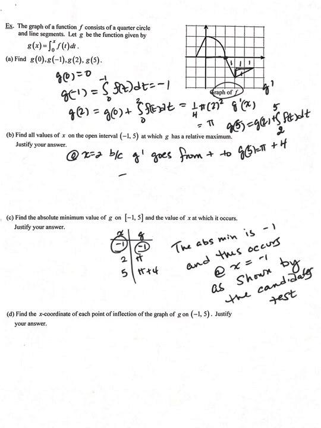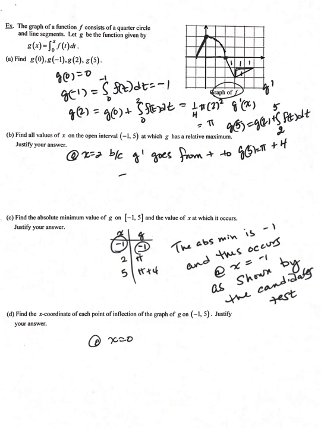Okay, for question D, find the x-coordinate of each point of inflection. So a point of inflection on the graph of the derivative is where the slope of the derivative goes from positive to negative or vice versa. So here, let's think about what happens. The slope is positive from here to here. The slope of the derivative, because this is the derivative function in front of us, then the slopes are negative. Okay, so x equals 0 is one answer.